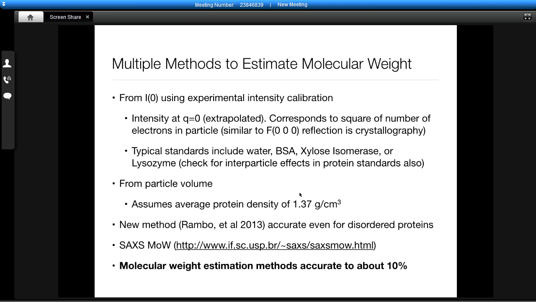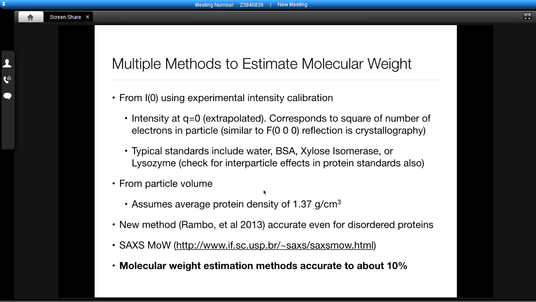Some problems arise, however, because some particles are disordered, and so they don't have a defined volume that they occupy in space. A disordered particle might actually look like it's occupying more volume than it really is, simply because it's an average.